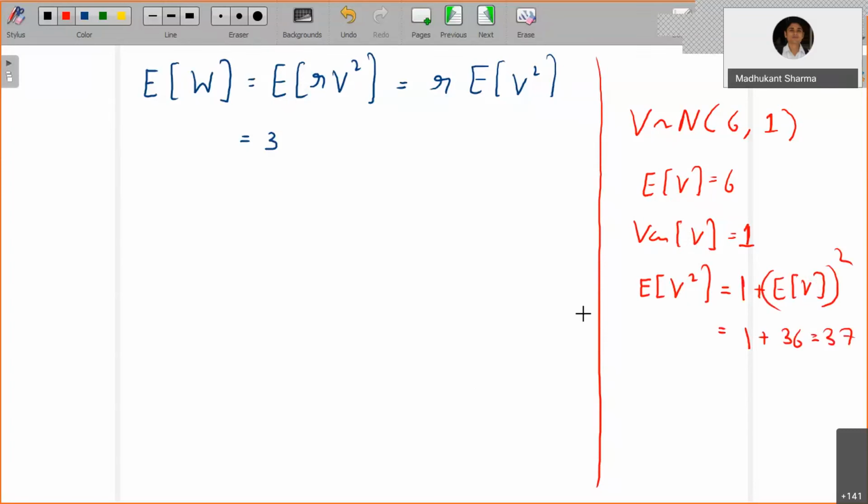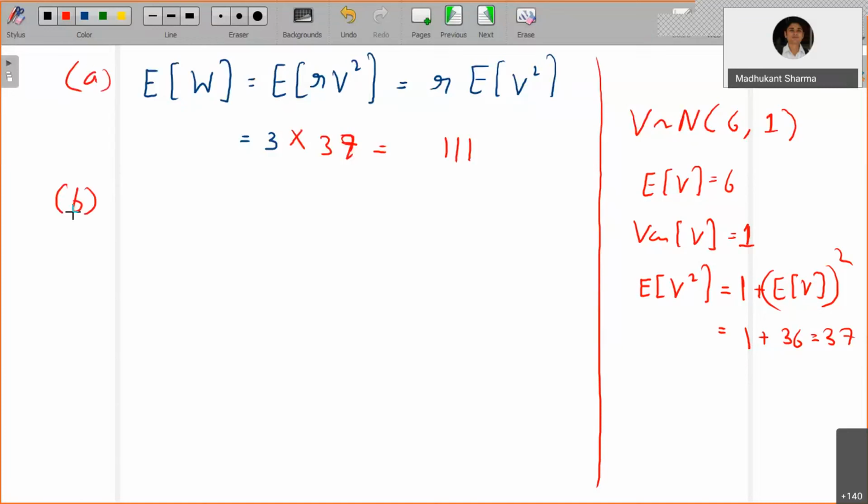So this is 3 into 37, which equals 111. This is a one line answer without using the probability density function, or else you can work with that integral. Now this is the first part.